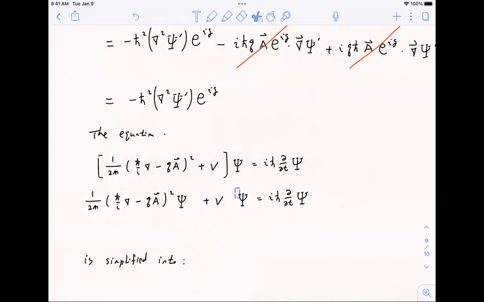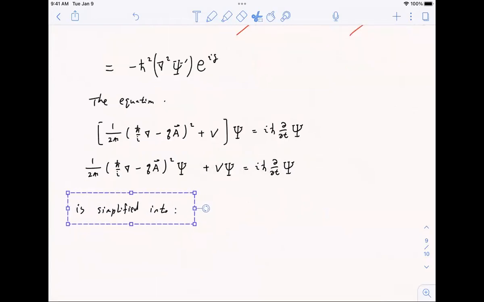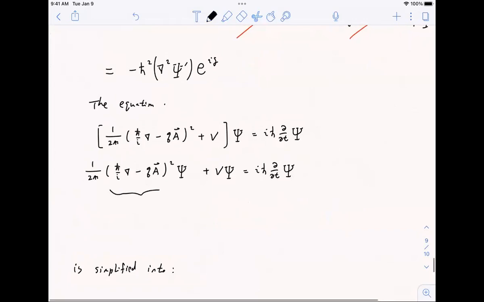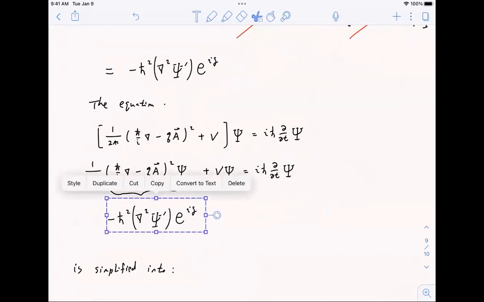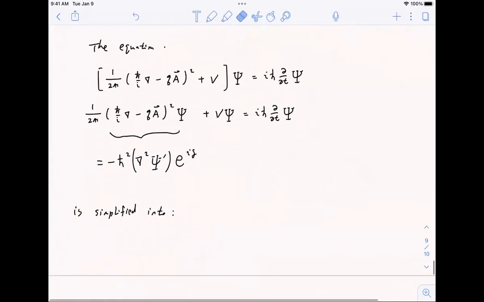So now this becomes this. Okay, so we already got this. Then we just write it out.